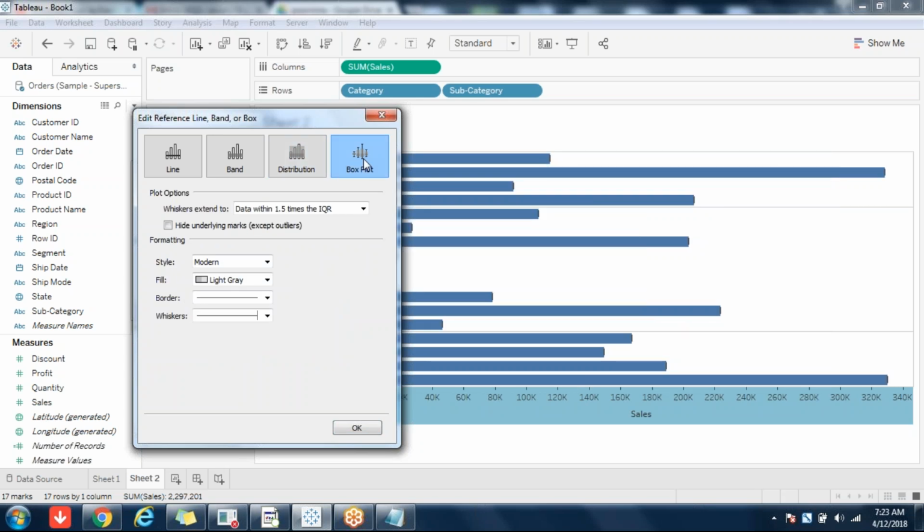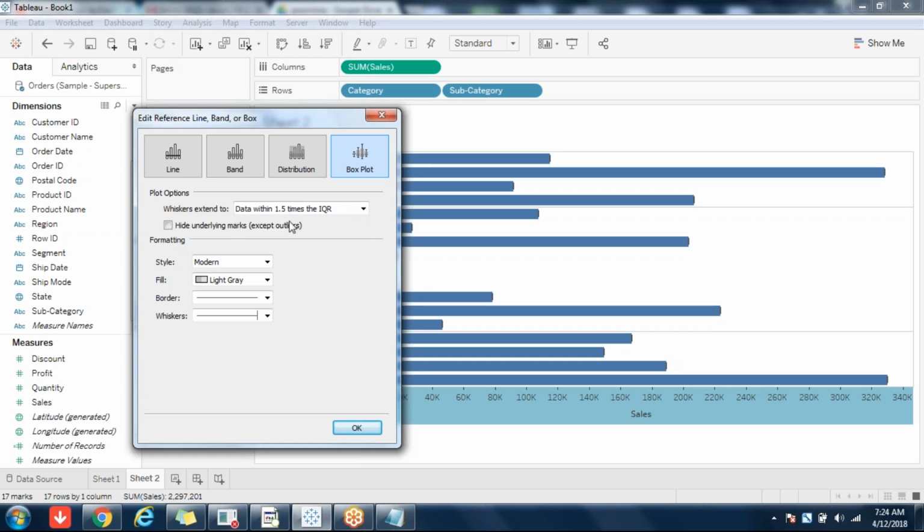Next is box plot. Of course, you know it, right? But for some people, I have not taught the charts. So maybe in the next 2 classes, I will teach the charts, and you will get to know what a box plot is. IQR stands for interquartile range. It can be 1.5 times or maximum extent. When I show you the chart, I will show you what maximum extent is.